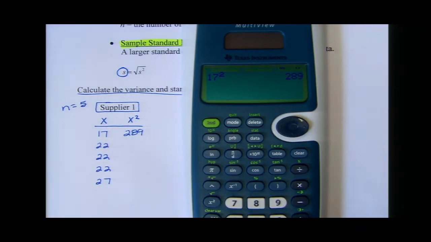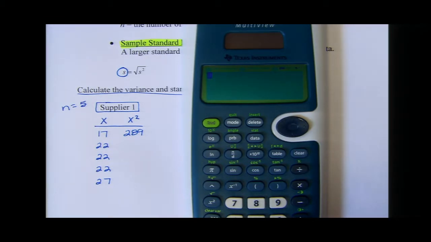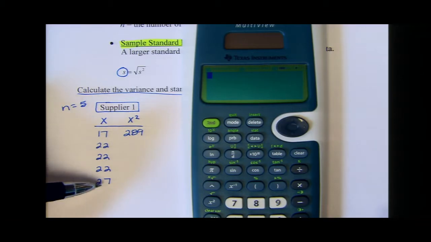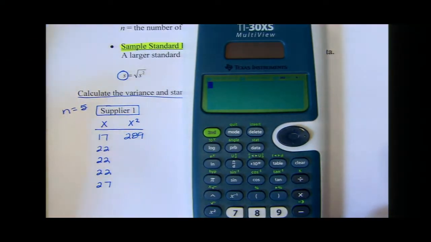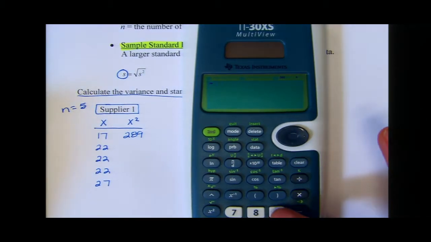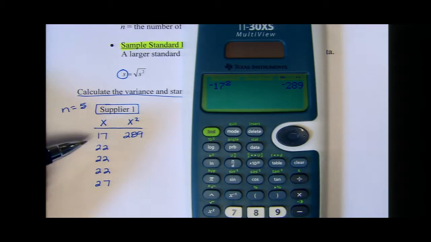Now, this does not happen in this example, but I have seen it happen in other examples. Be careful if one of your X values is a negative number. Because if I go to my calculator and I put in negative 17 squared, it's going to give me negative 289. And this is why you have to be very, very careful with your calculators. If I want a negative number to be squared, remember, a negative times a negative is always positive.